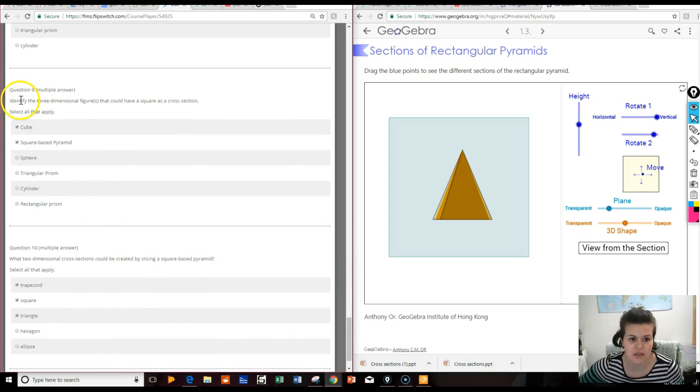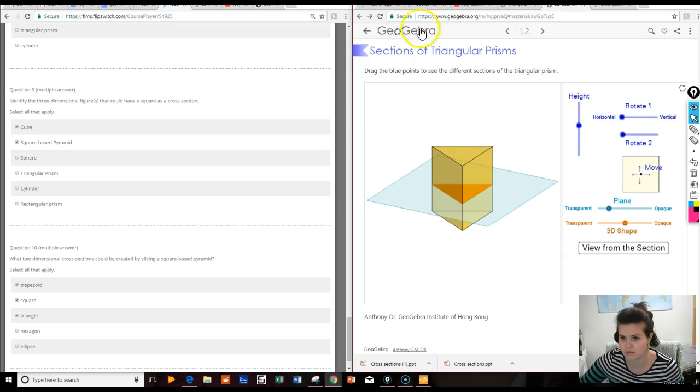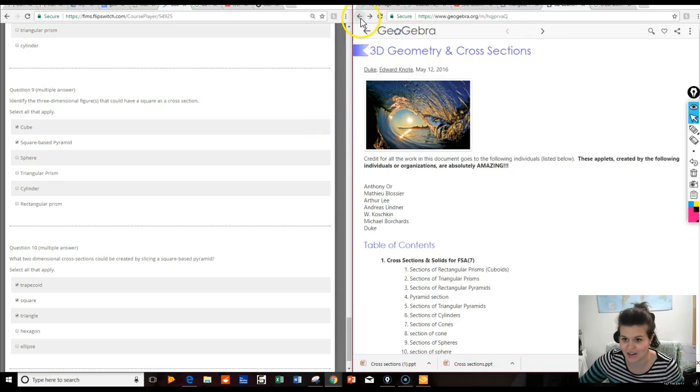And then question 9, identify the three-dimensional figures that could have a square cross-section. Well, one of them was a square-based pyramid. One of them is a cube, since a cube is a square, any cross-section of that would be a square.